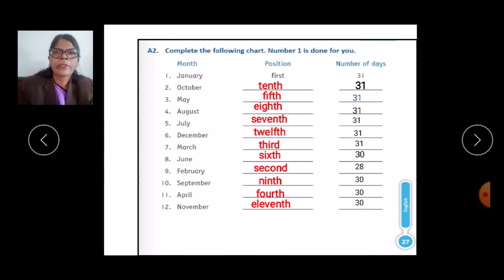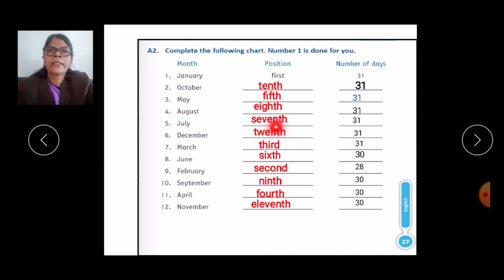So now repeat after me, children. January 1st, number of days, how much is it? 31. October 10th, you have to say the position and write it there. 31 days. May 5th, 31. August 8th, 31.